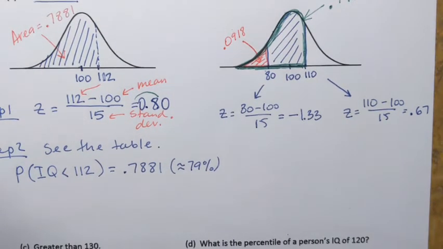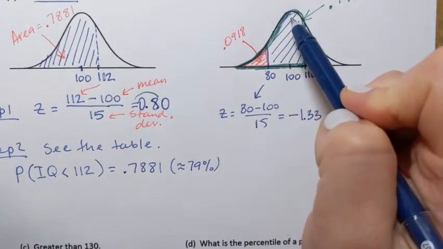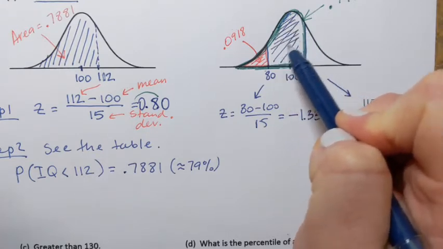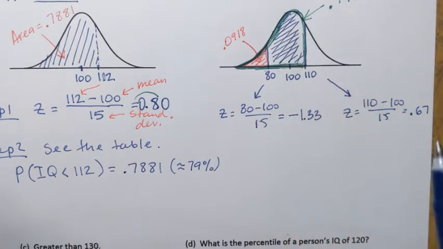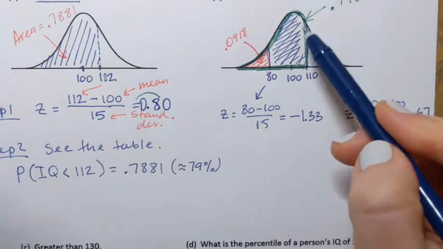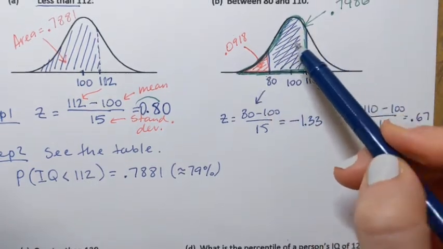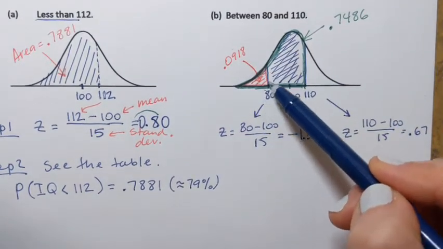Okay, and now once again, to find the area that we already highlighted and interpret it as probability, we subtract the larger area, which is green on my picture, and the smaller area, which is red on my picture.